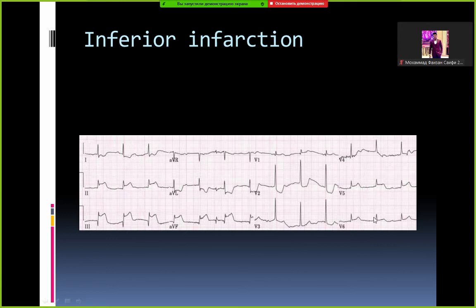And this ECG illustrates such symptom as discordance. So discordance means that in the leads considering the necrosis, we will detect elevation of ST segment.